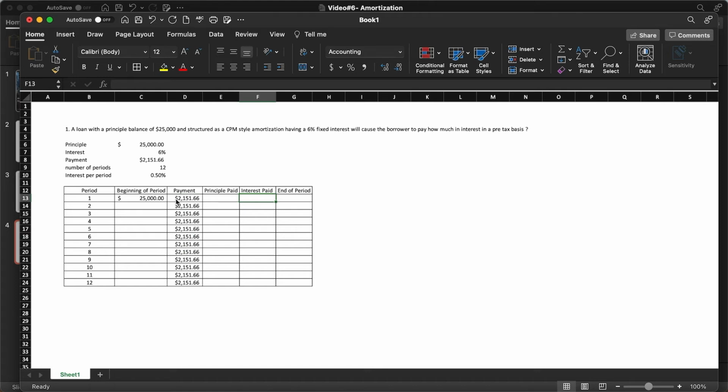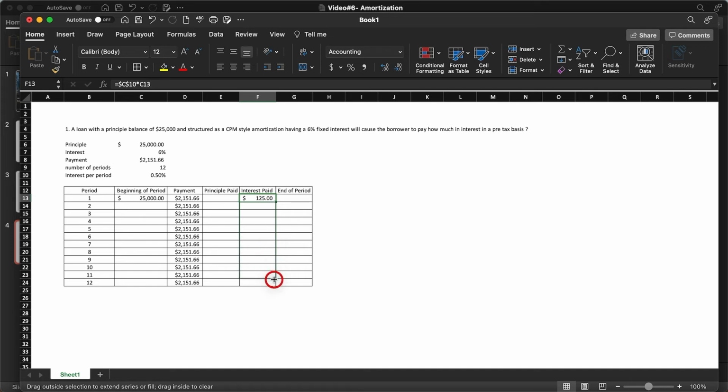Now the interest paid will be the interest per period for the remaining balance of the principal at the beginning of the period. So it will be the interest per period times our balance at the beginning of that period. So in this case, it will be $125. We can do an absolute reference on the interest per period. It's going to be the same.